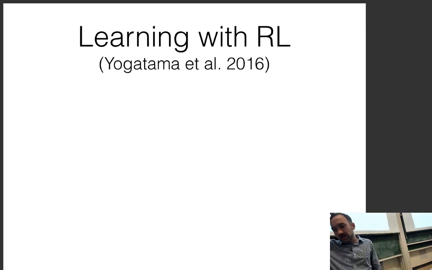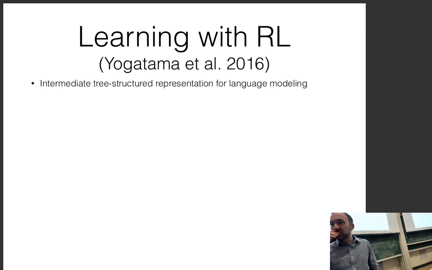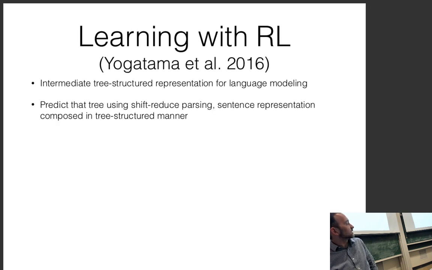So another way you can learn tree structures is with reinforcement learning. The way this works is you have some sort of intermediate tree structured representation. For example, for language modeling, I believe they used recurrent neural network grammars as their formulation. And basically, they predict the tree using a shift-reduce parser, where the sentence representation is composed in a tree-structured manner.